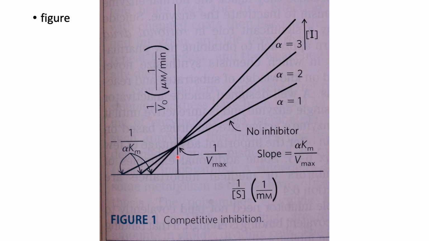When you do that, you still get the same Vmax, but the Km is what's changing here. So this is a classic graph that you get with competitive inhibition when you're tracking the reciprocal of velocity versus the reciprocal of substrate, which is on the abscissa.